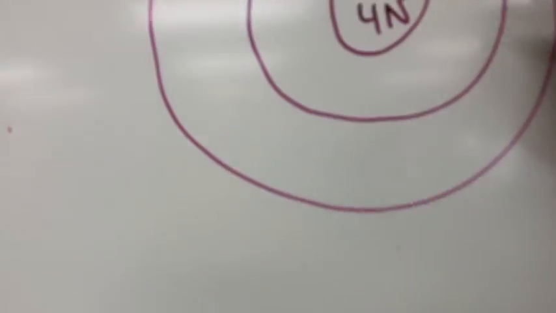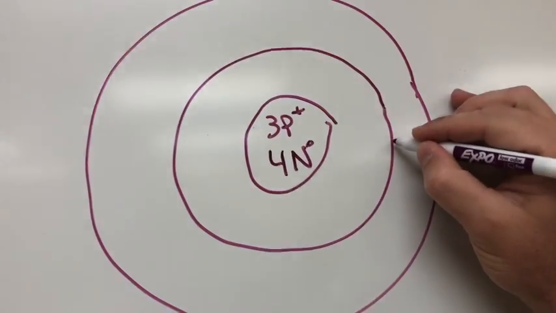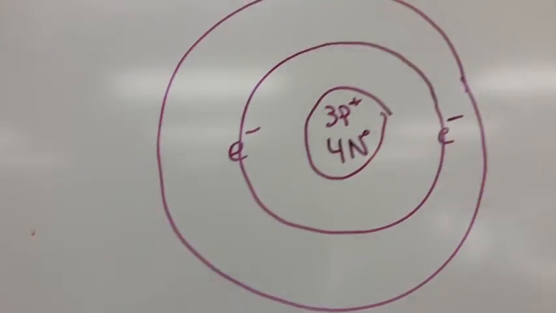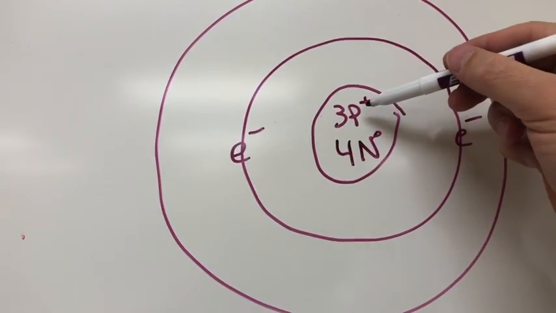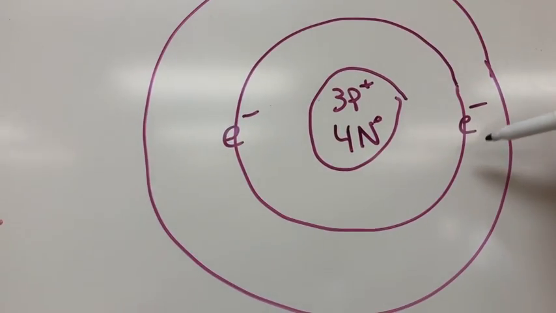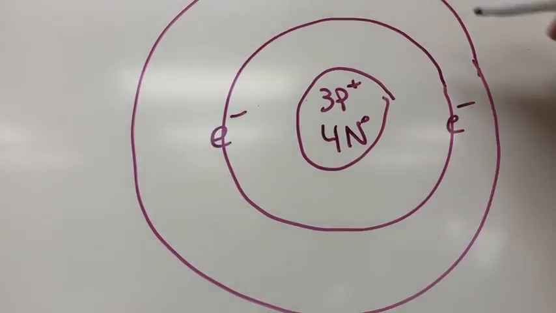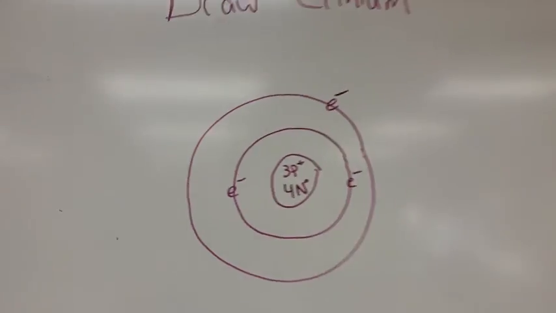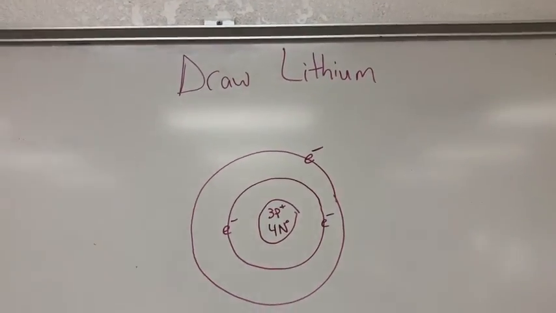So we'll put 2 electrons here. Then there are 3 total because the number of electrons has to equal the number of protons, so we need 1 more electron. We'll just draw it up here. And that is how you draw lithium.